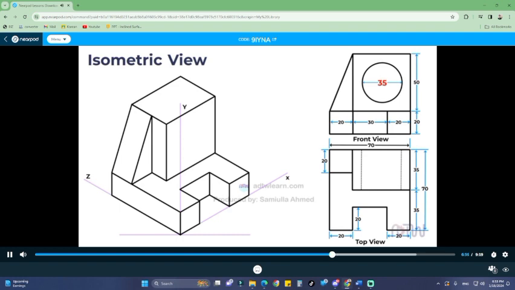First, we need to draw a square with sides equal to the diameter of the circle, which in this case is 35 mm. Since the circle is located at the center, we also need to draw the square at the center. The width of this outer square is 50 mm, so there will be a 7.5 mm distance between the outer and inner squares that we need to draw. To draw the square, mark points 7.5 mm away from each corner of the outer square.